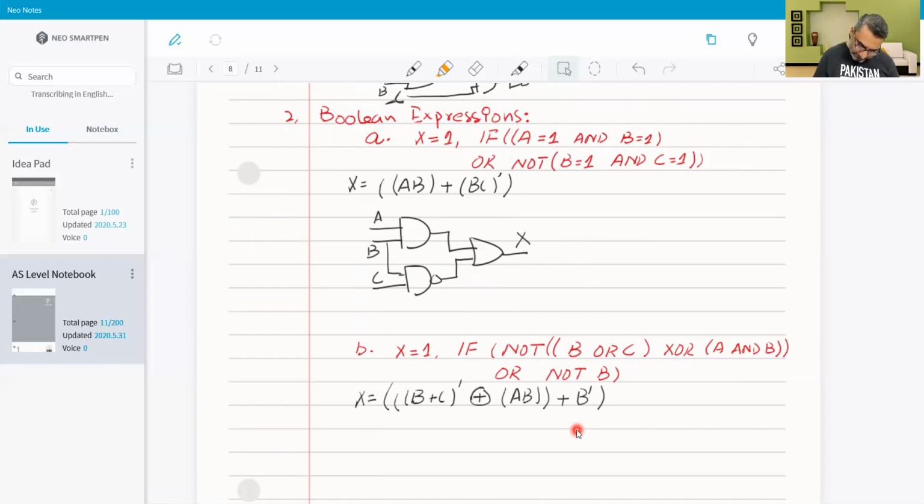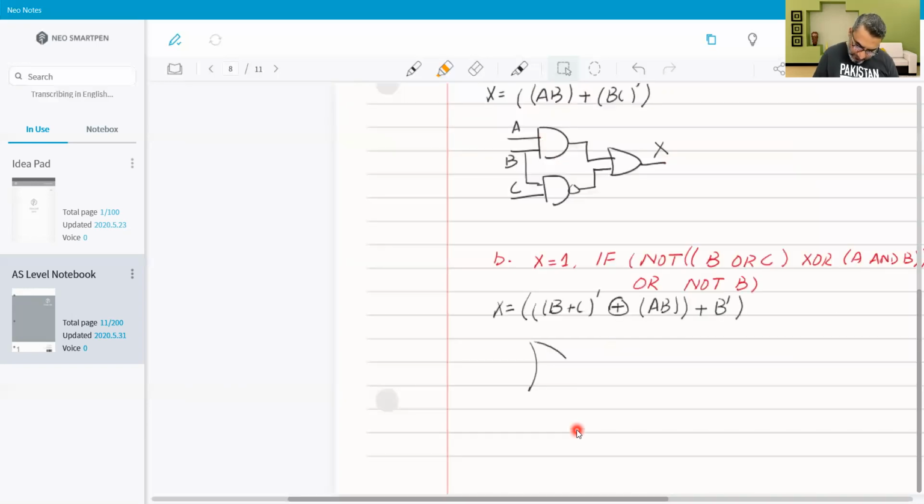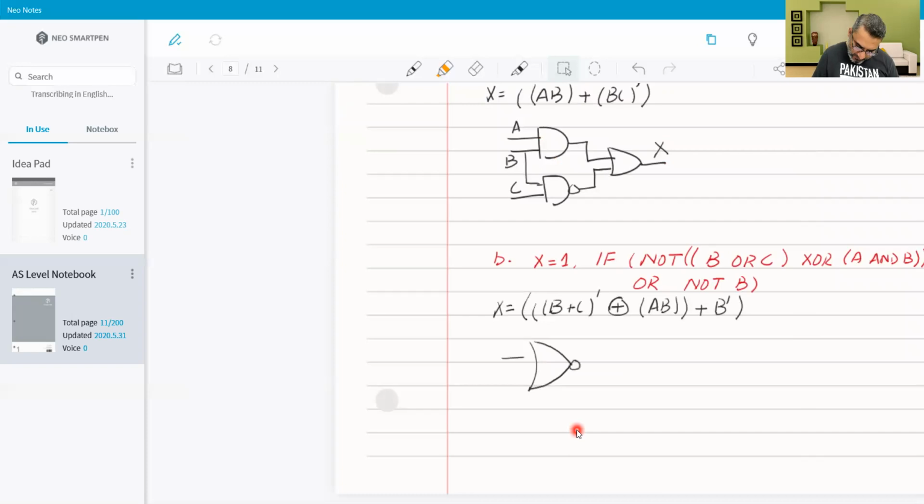So let's make B plus C whole NOT. This is a NOR gate. B plus C whole NOT, and then we have AB.